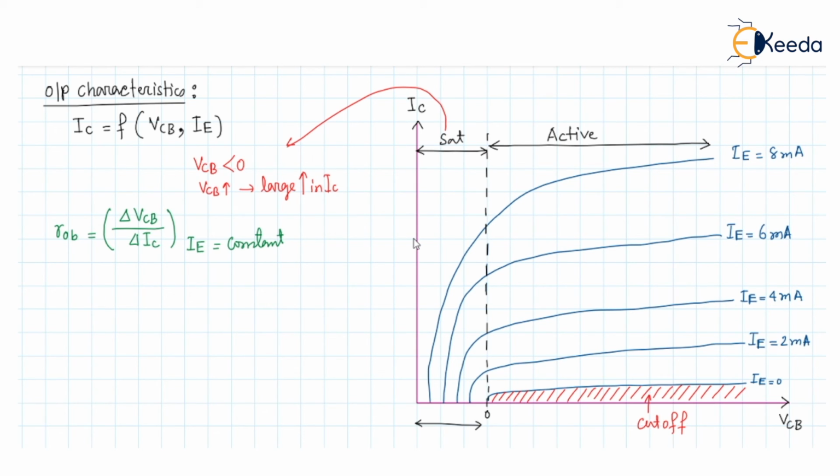And when the IE current is 0, in the cutoff region, we can also say that the IE current is 0. If the IE current is 0, then the IC current that will flow will be ICBO. So ICBO is the collector current when the emitter current is 0.